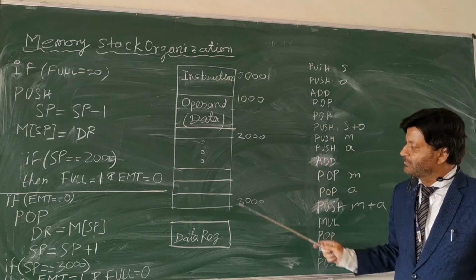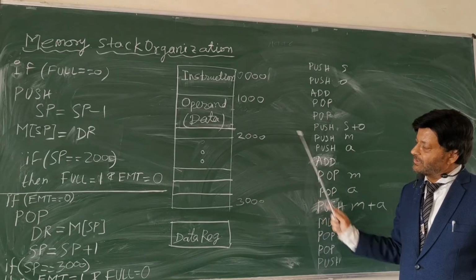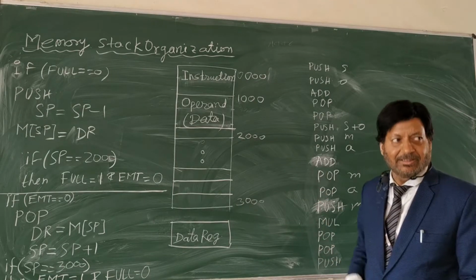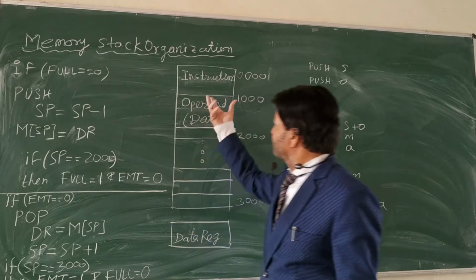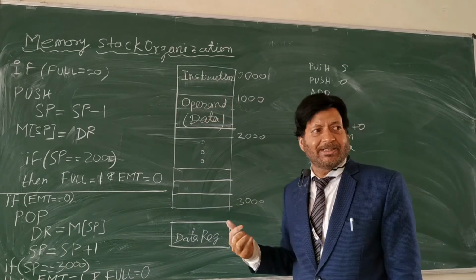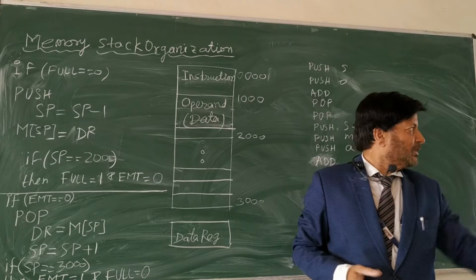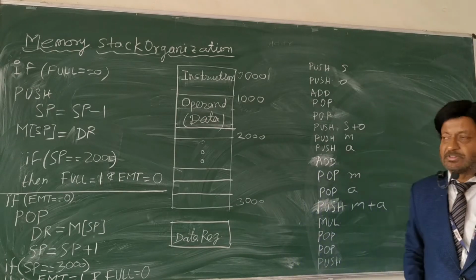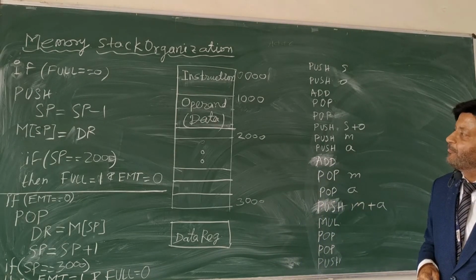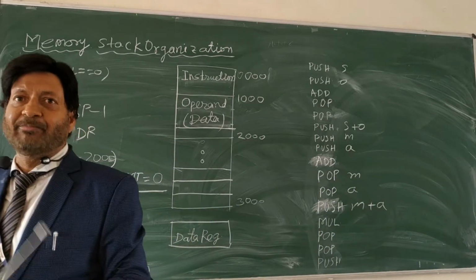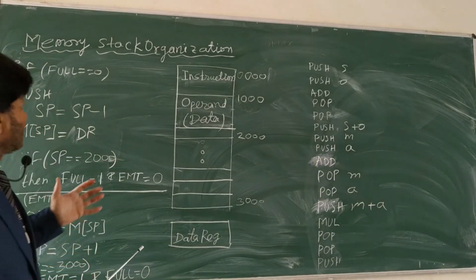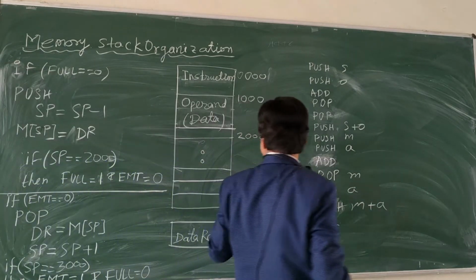It starts from 2000 address to 3000 address. So let's think this memory is of 3000 words, and we are considering 1000 words for the implementation of the stack. Okay, so this is the thing.